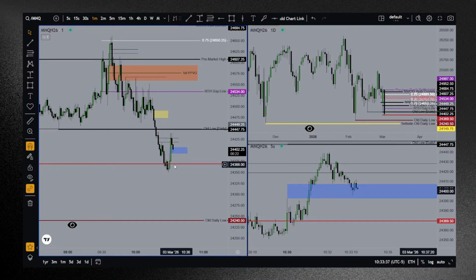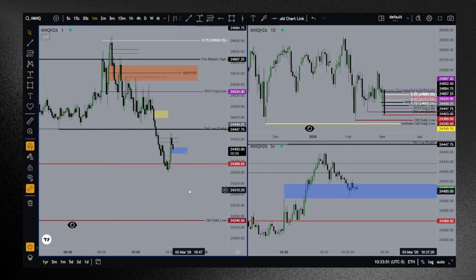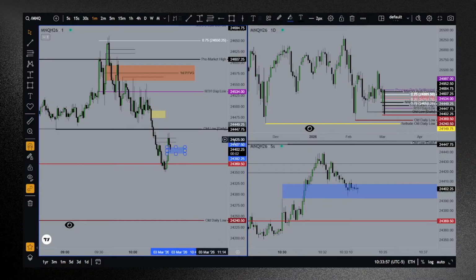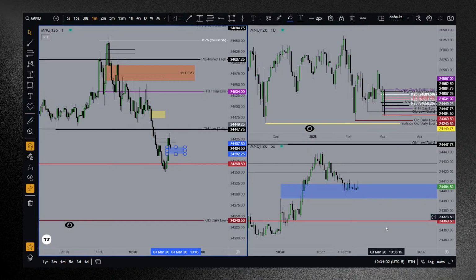And I'm thinking if we could close below it and inverse that inefficiency, and if yes, that would be the last chance to see it displace lower. But yeah, it would need to offer displacement off of that lower half.